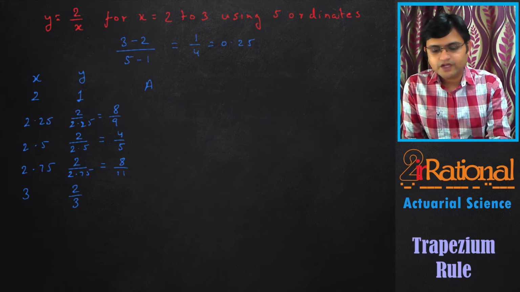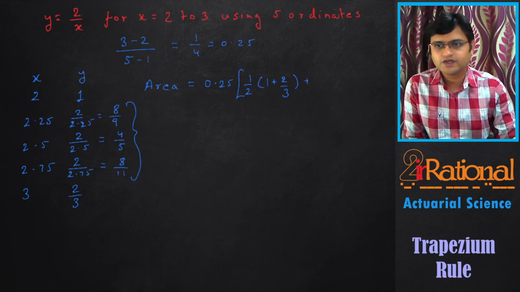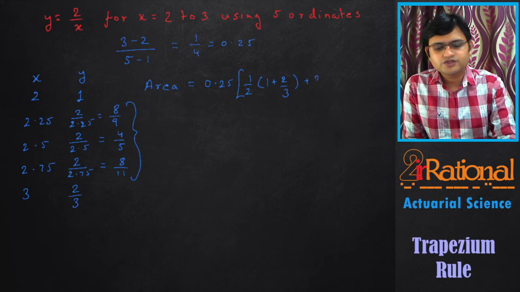So the approximate area that we'll get will be 0.25 into half of (1 plus 2/3) and then addition of all these 3. That gives me approximately 2.41616.